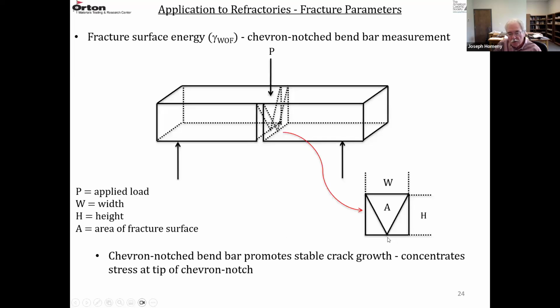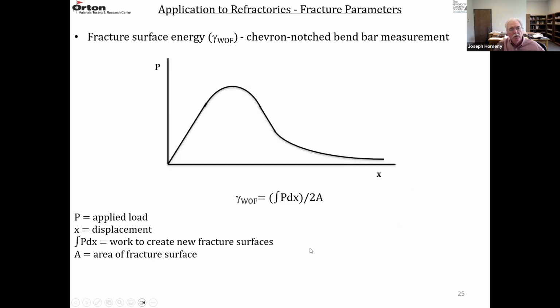This configuration really promotes stable crack growth. You're concentrating the stress right at the tip of this triangle, and as the crack moves upward, it keeps seeing a bigger and bigger area, and that forces it into a stable mode. So this is what you want to generate in a work of fracture test. This is the load versus displacement.